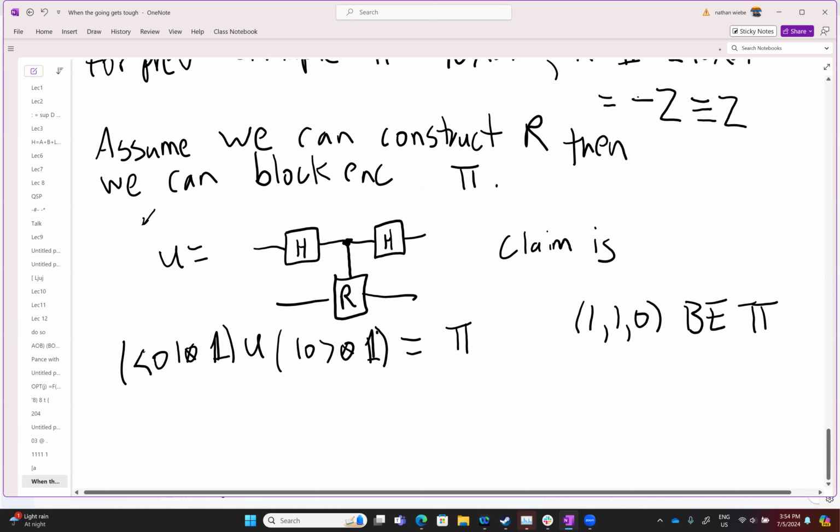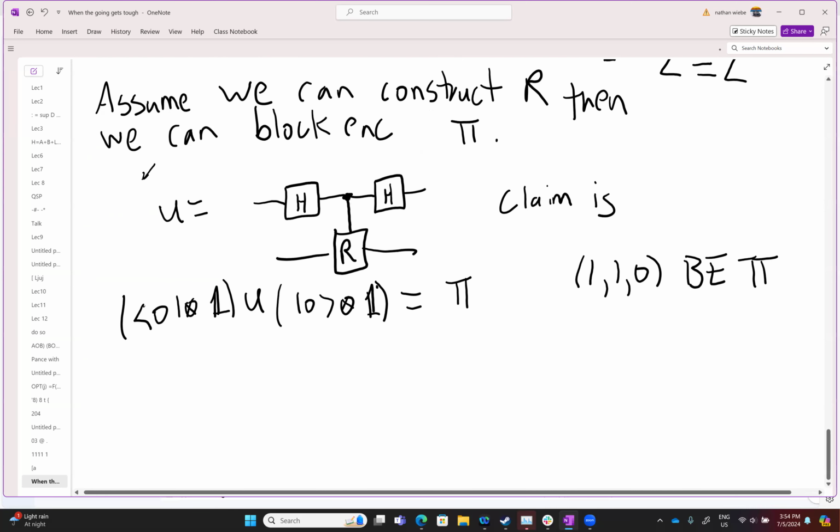Okay, cool. We can see this using exactly the same reasoning that we had before. I'll abbreviate it a little bit. Using the block encoding notation, this is going to be Hadamard times the controlled R gate times Hadamard acting on |0> tensor identity.